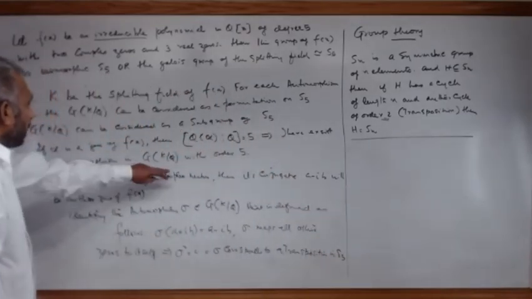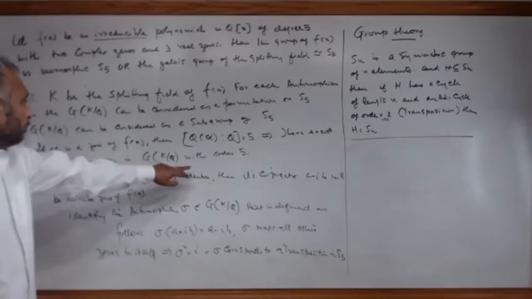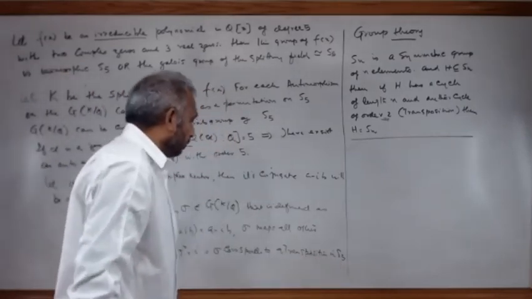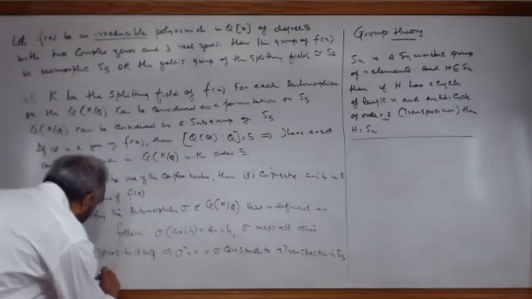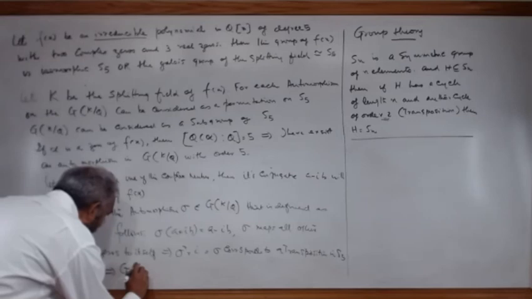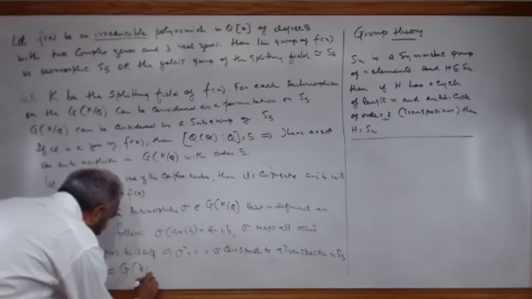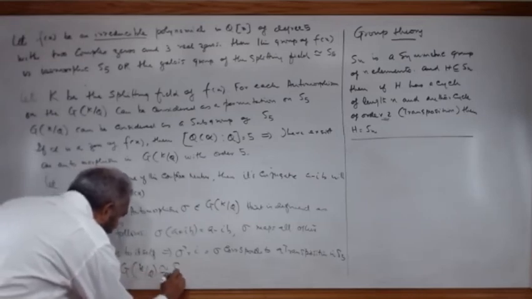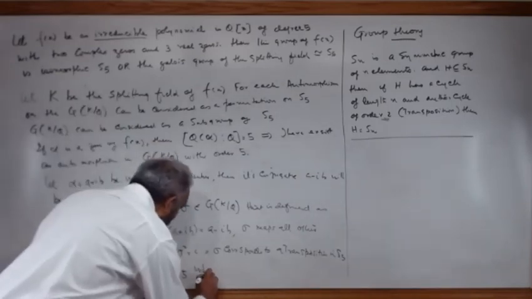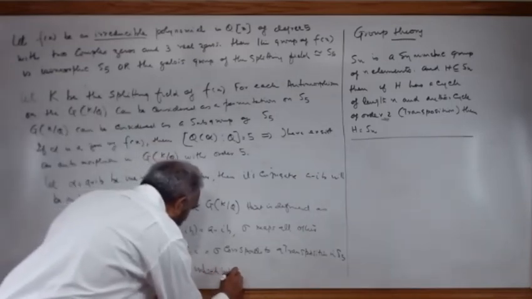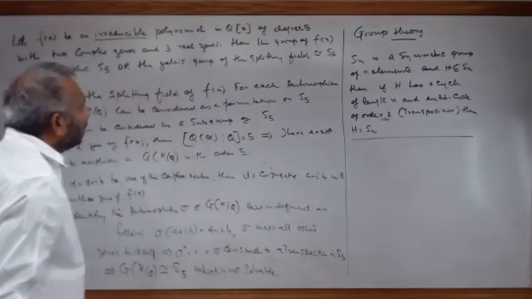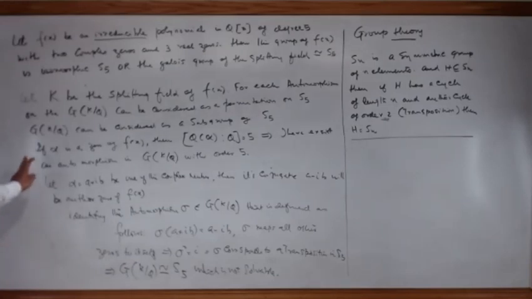So we have a cycle of length 5 and we have a transposition also in S5. That means G(K/Q) is isomorphic to S5, which is not solvable. So that is the end of the proof.